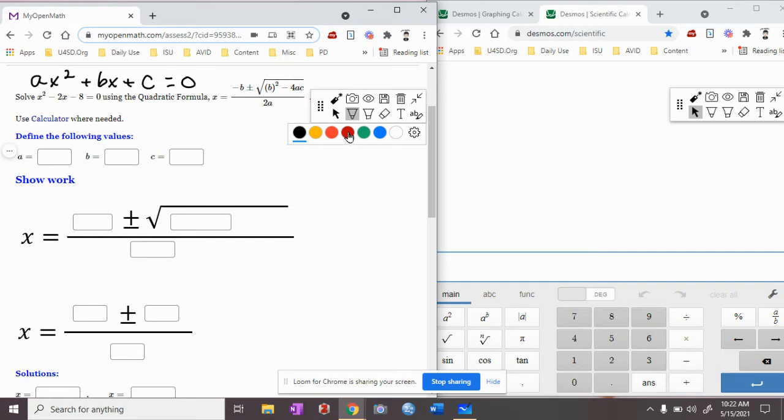So what I need to do is identify my a value by what's in front of my x squared. Here that's going to be a 1. My b value by what is with my x, and my c value, the constant that is by itself. So I have 1, -2, and -8.